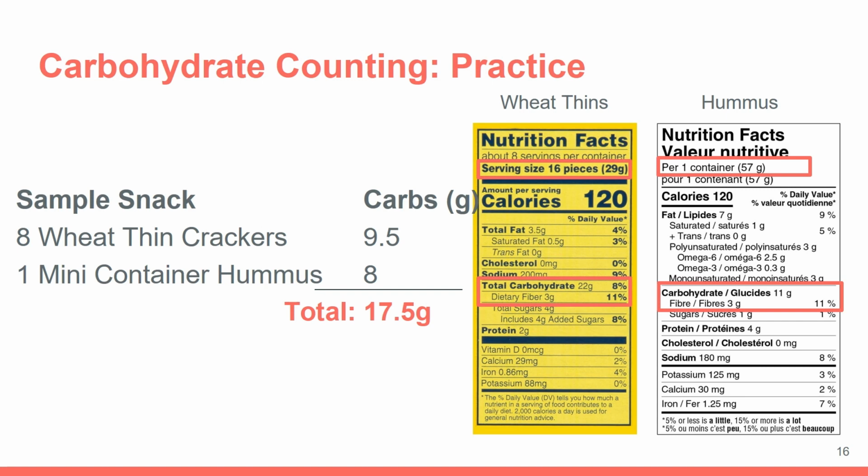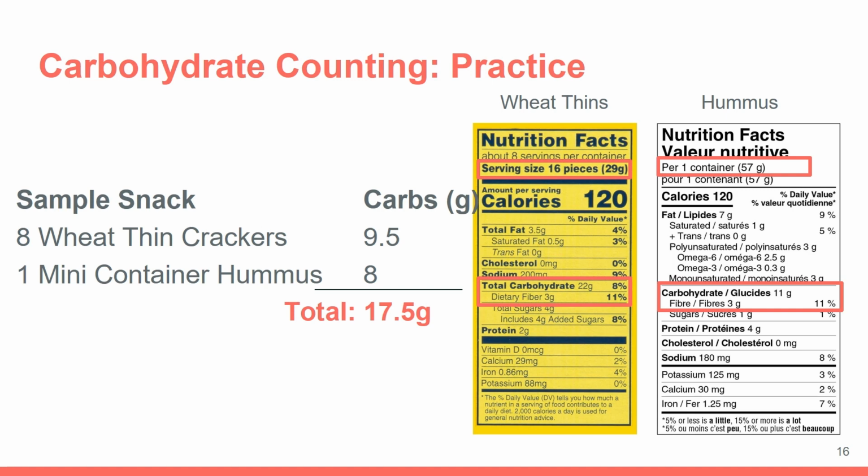Now on to the hummus. We are consuming the entire serving size for the hummus, which is one mini container of 57 grams of hummus. Since we are consuming the entire serving size, we do not need to adjust the value on the nutrition facts table.